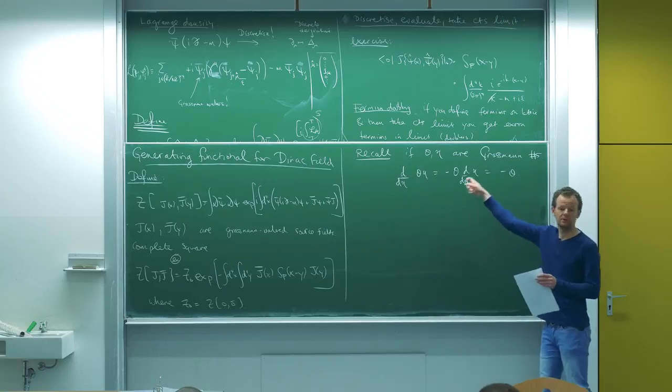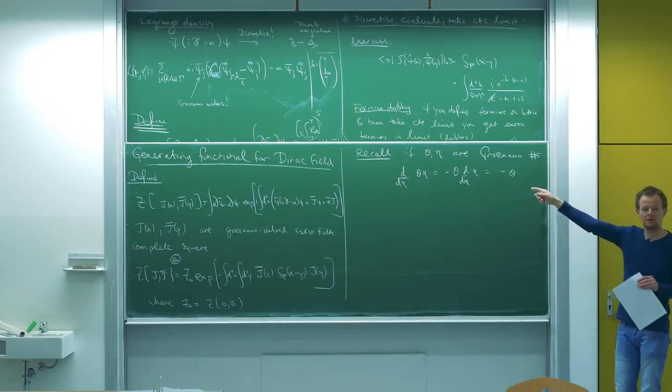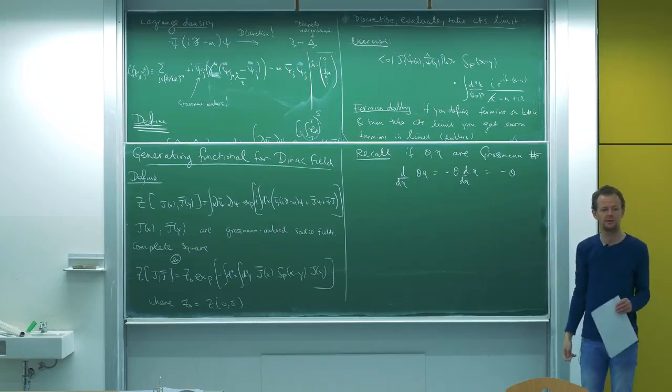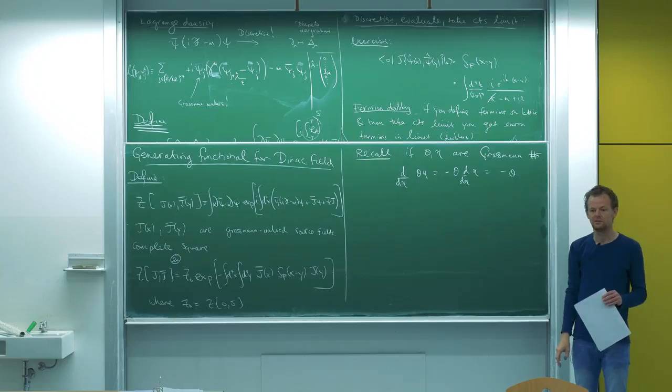So just this simple observation is what takes care of all those minus signs and permutations and worrying about the order you do things in. Because as long as you remember the rule for Grassmann derivatives, you're golden.